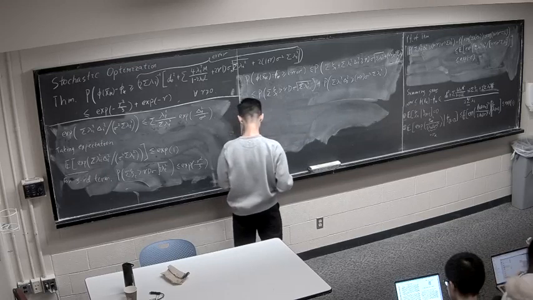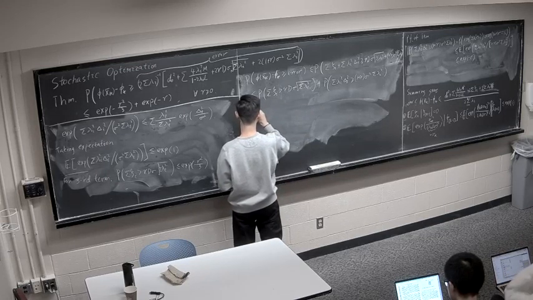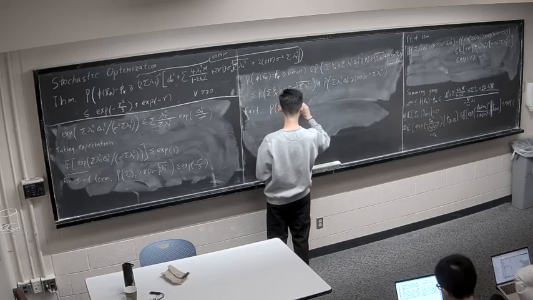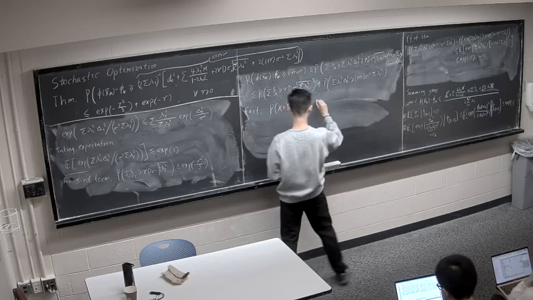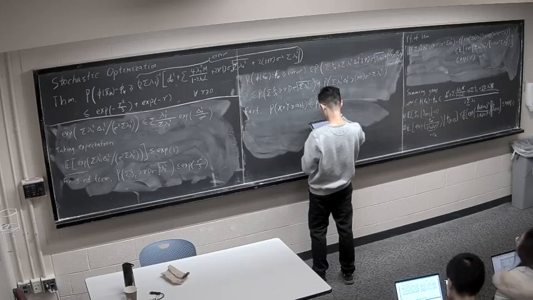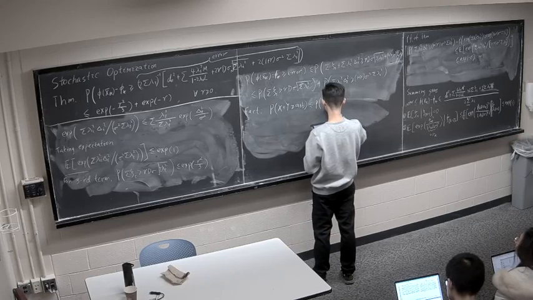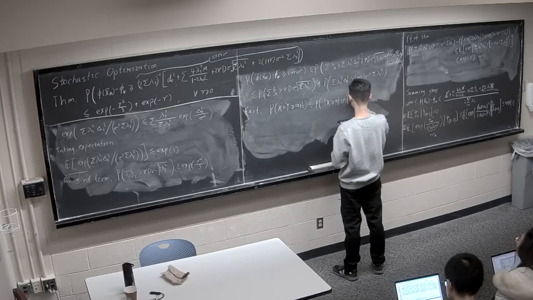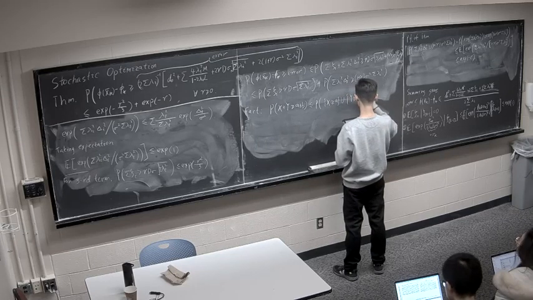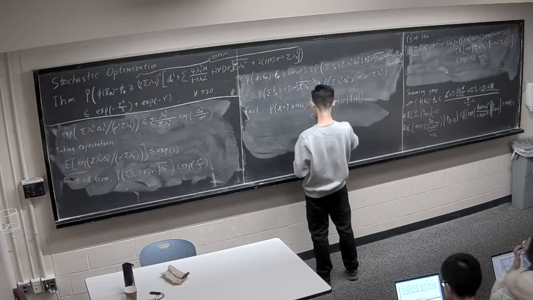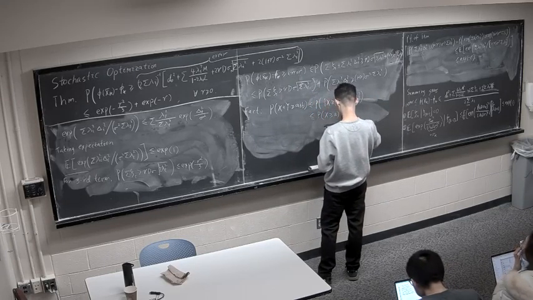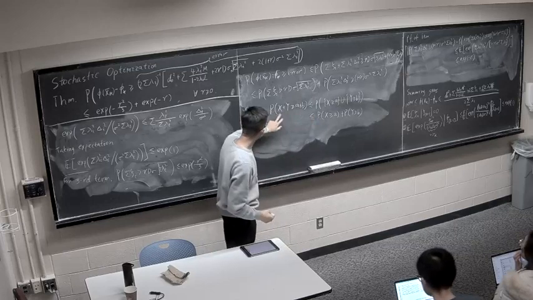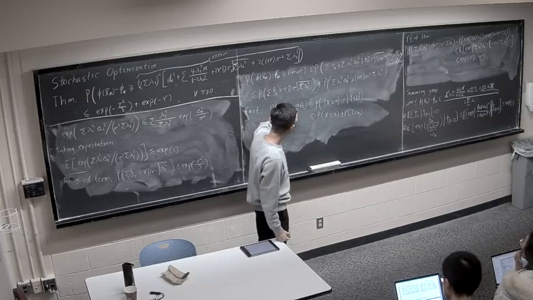This comes from a simple observation, so here we're using the fact that, suppose x and y are two random variables, and a and b are two scalars.